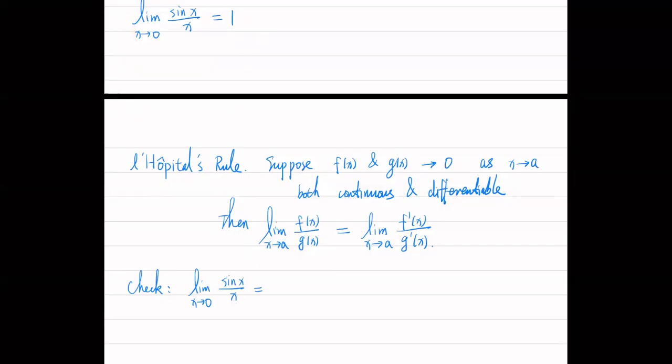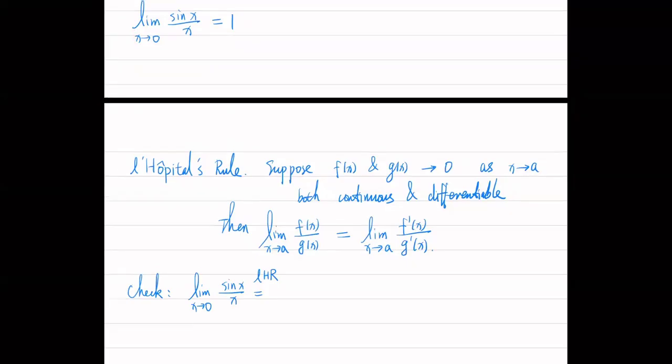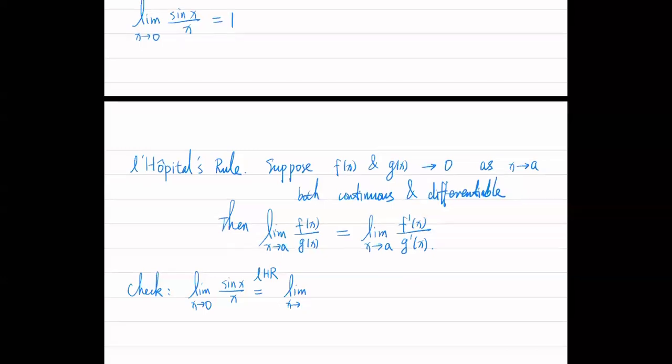Okay, by L'Hopital's rule, I will use LHR. L'Hopital's rule, limit at 0. Okay, Zichen, what's the derivative of the numerator? Cosine x.